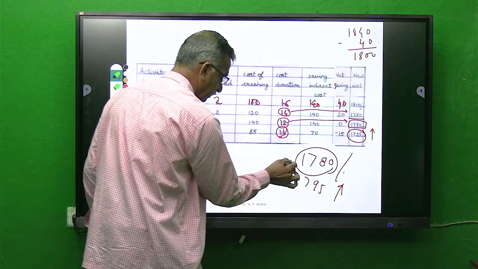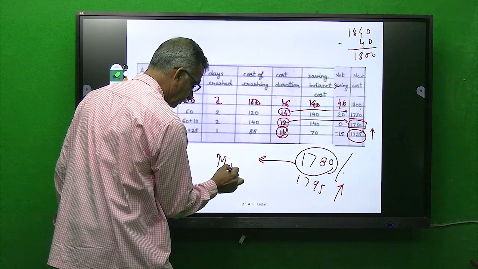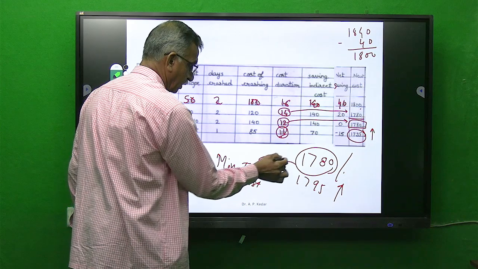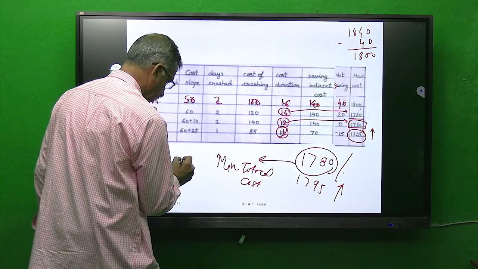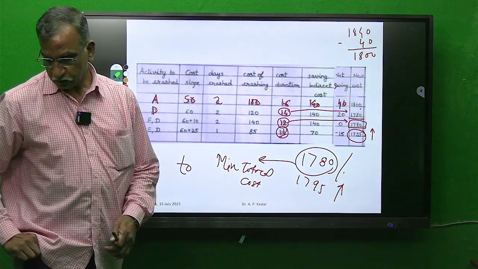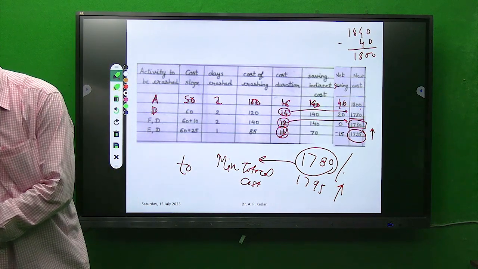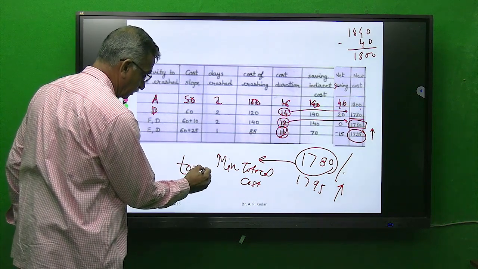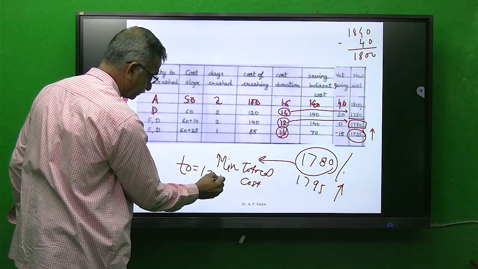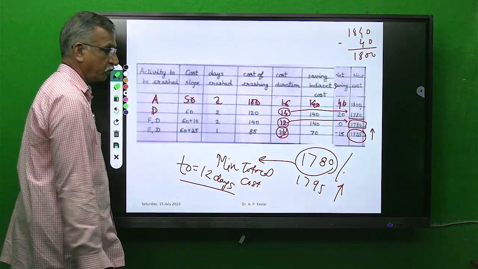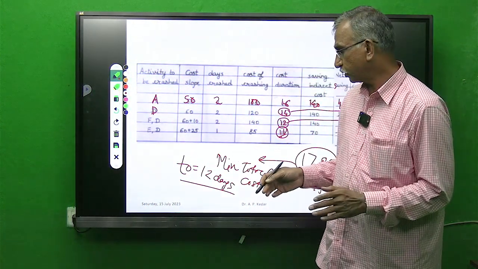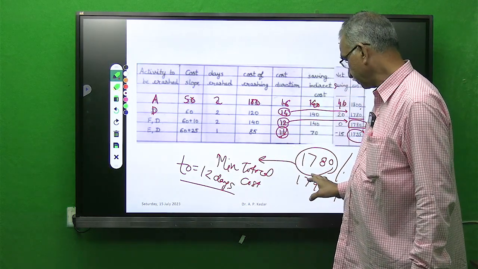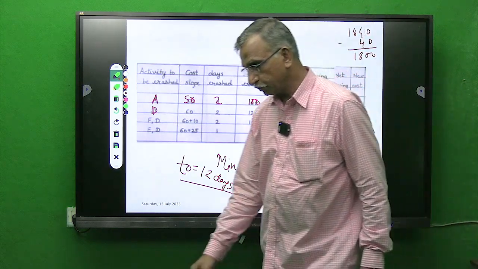So this is the minimum total cost, and for this minimum total cost, your TO is how much? 12 days. So in this way this problem is completed. For this particular case, optimum duration is 12 days and corresponding cost is 1780.